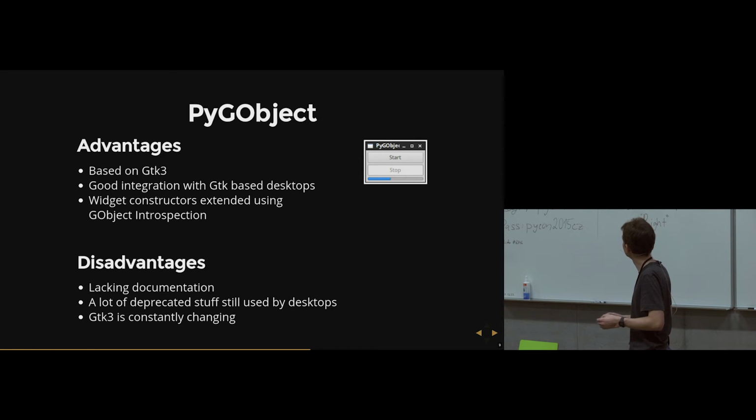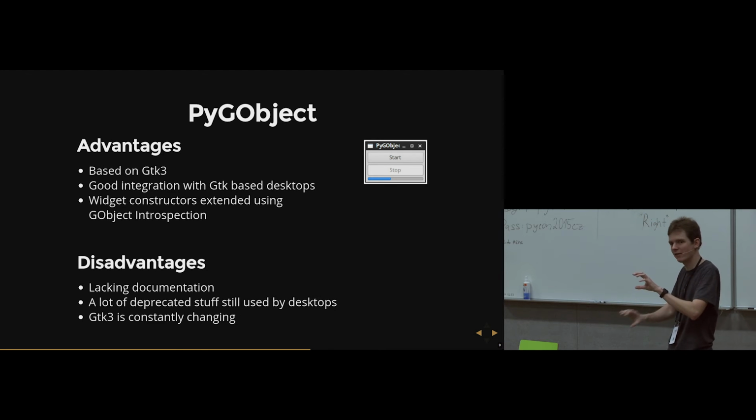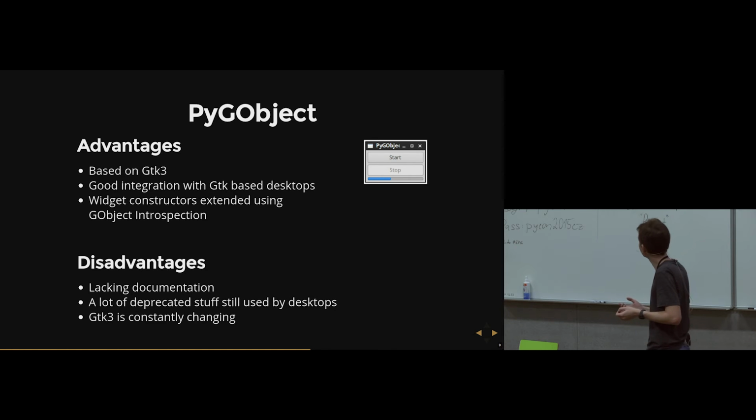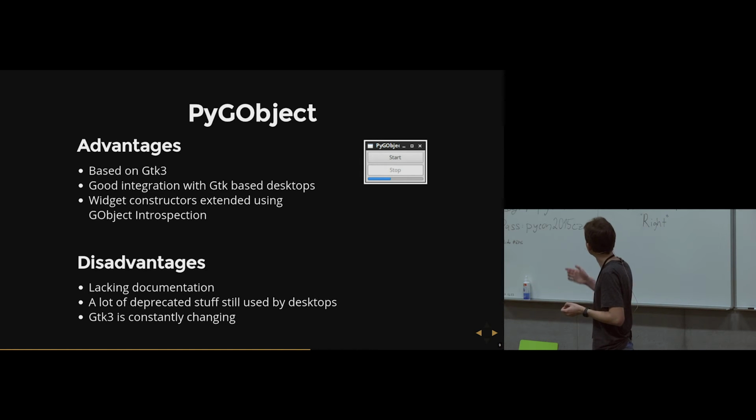Also, the people who did the wrapper did a good job extending the constructors, so you don't have to create your widget and then set attributes on every line. You can do it all in the constructor, which you can't do in C++, for example. So it's neat.